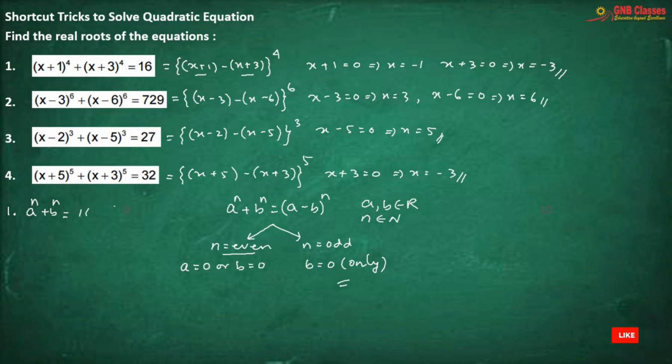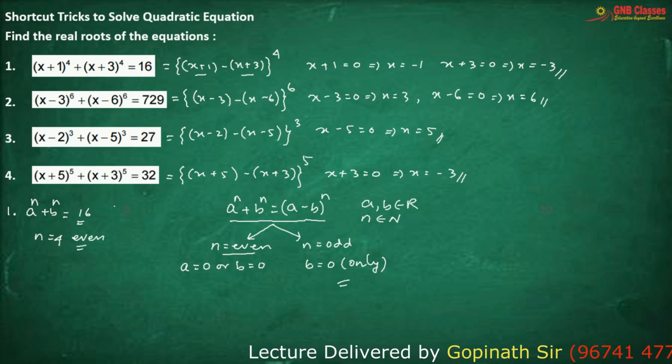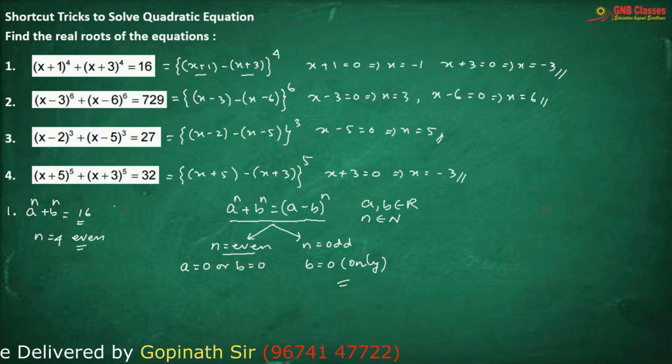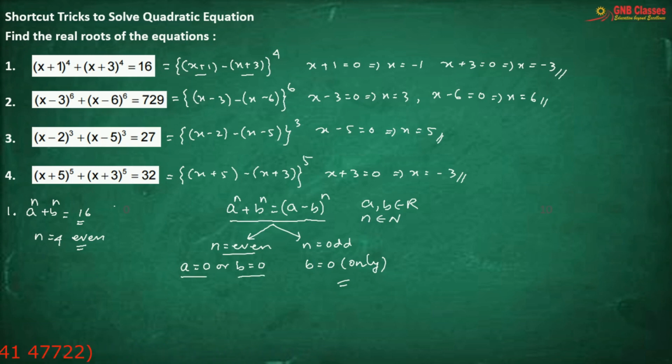Yes or no? Therefore, it is in this form. Here, n is 4, which is even. Since n is 4, my answer will be either a equals 0 or b equals 0. That's exactly what I have done here. x plus 1 equals 0 implies x equals minus 1. x plus 3 equals 0 implies x equals minus 3. That's it. Have you understood?